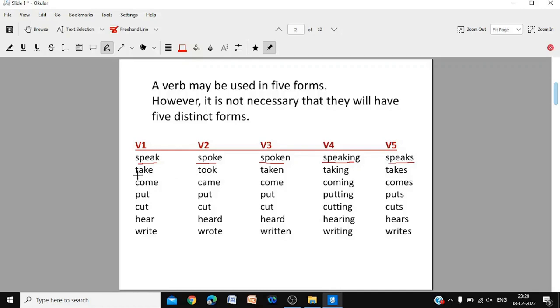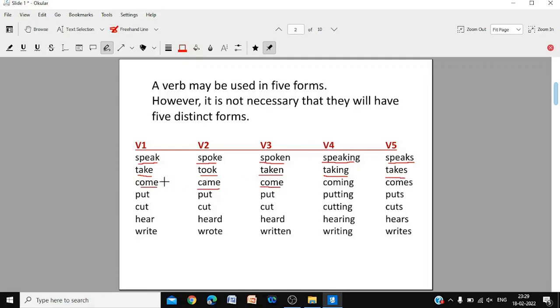Similarly, we have take, the simple present, took, past tense, taken, the perfect form or past participle, taking, the continuous or progressive form, and takes, which is same as V1 with one terminal S. Now we have come, came, come.